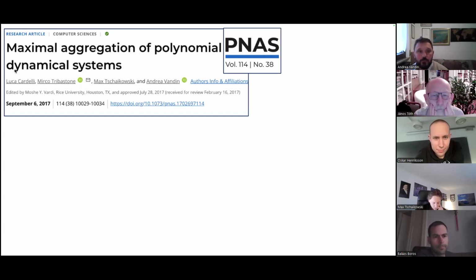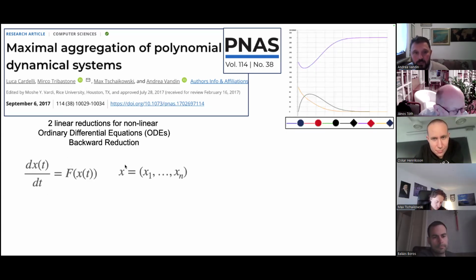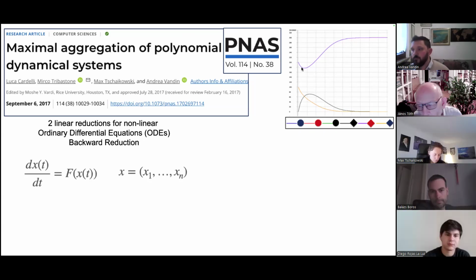So in this paper, we propose two reduction techniques for ordinary differential equations, and in particular, polynomial differential equations. So systems like this, with this number of variables, if you set some initial values for the 6 variables in this model, you get only 3 traces. Why?